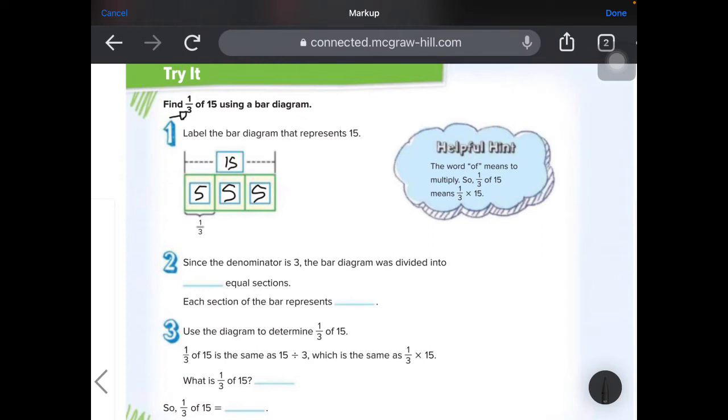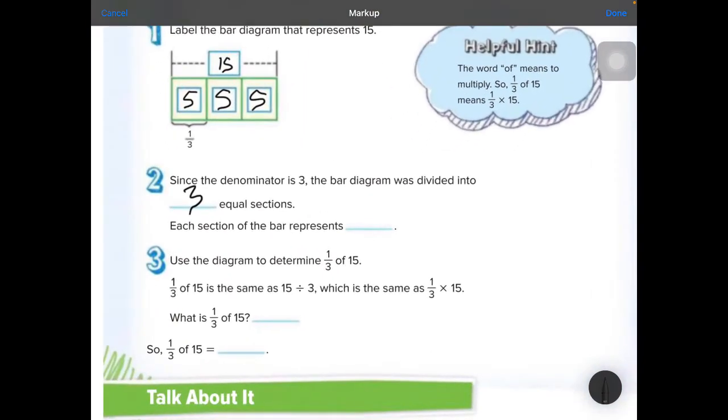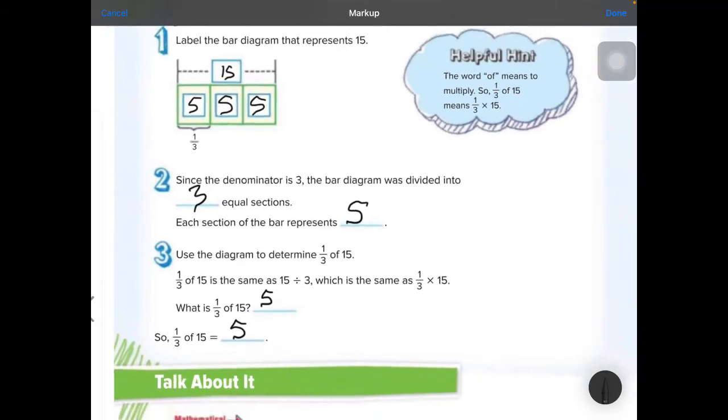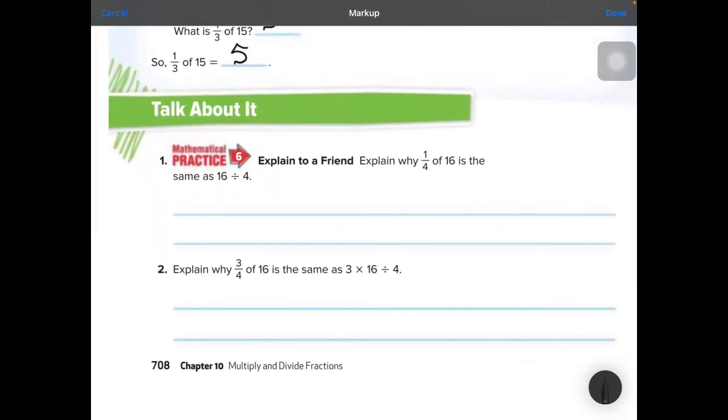So each one of those are going to be 5 because 3 of them equal 15. The denominator is 3, so the bar diagram is divided into 3 equal sections. Each section of the bar represents 5. Okay, so what is 1/3 of 15? 5. So 1/3 of 15 is 5.